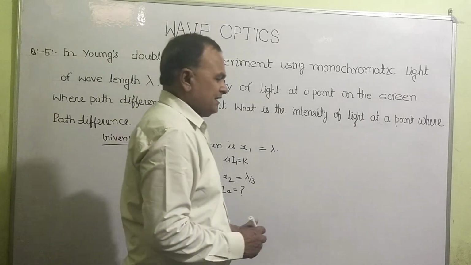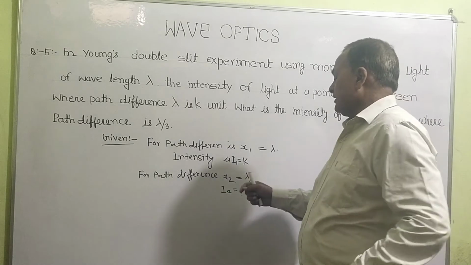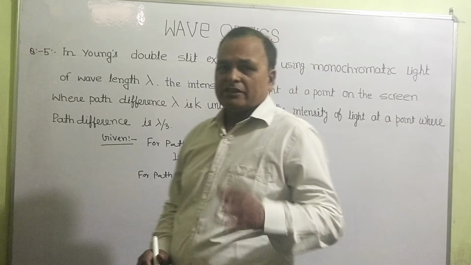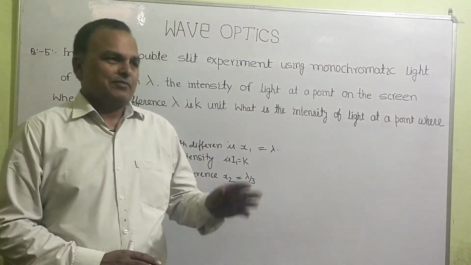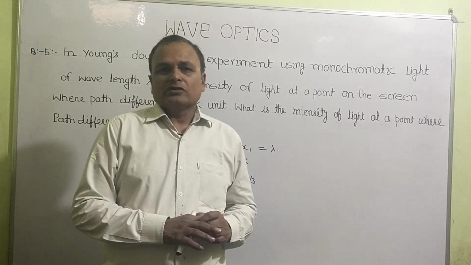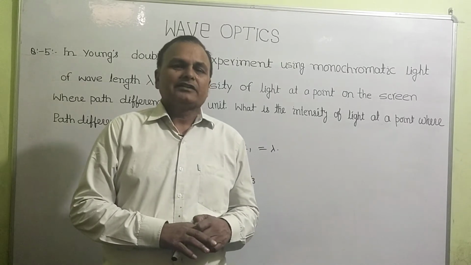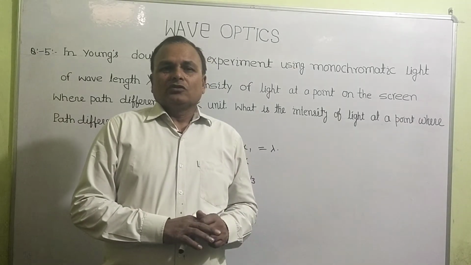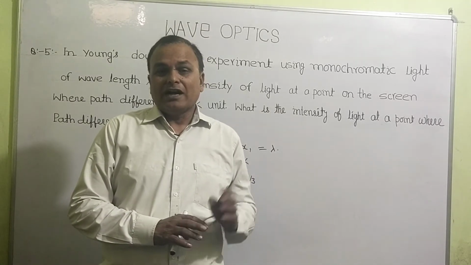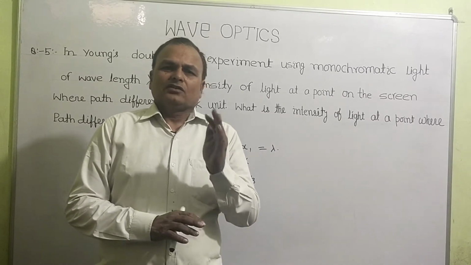Now we know that intensity depends upon the amplitude. We know the resultant of the amplitudes of two waves. In vectors, if two vectors have the same magnitude and the angle between them is theta, then the resultant is R is equal to 2a cos theta by 2, so R square is equal to 4a square cos square theta by 2.